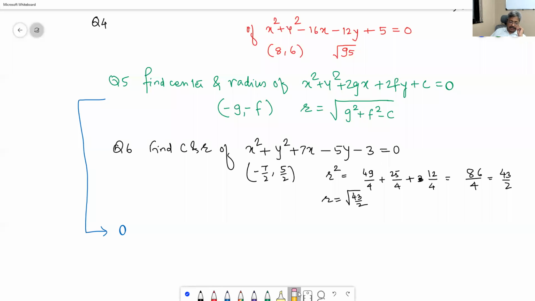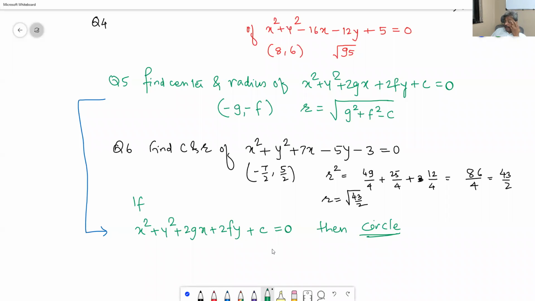If the equation is looking like this, x square plus y square plus 2gx plus 2fy plus c is equal to 0, then circle.